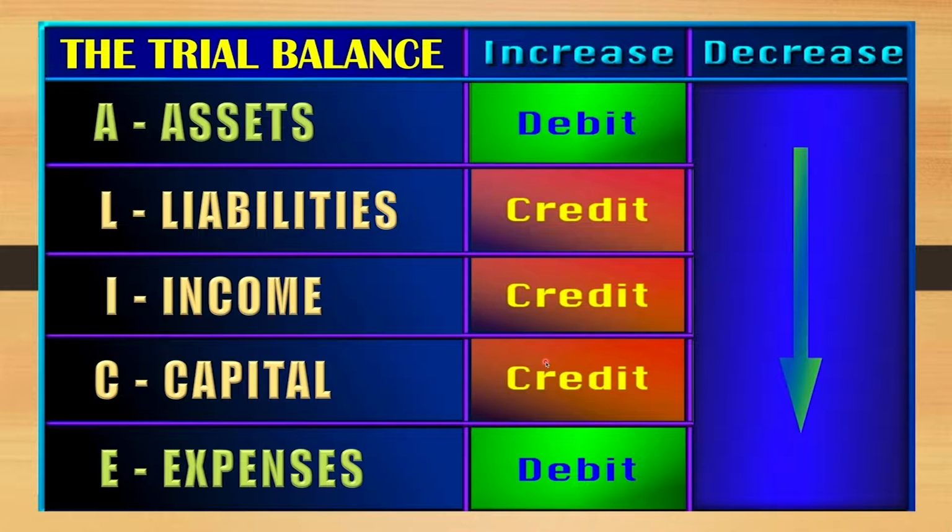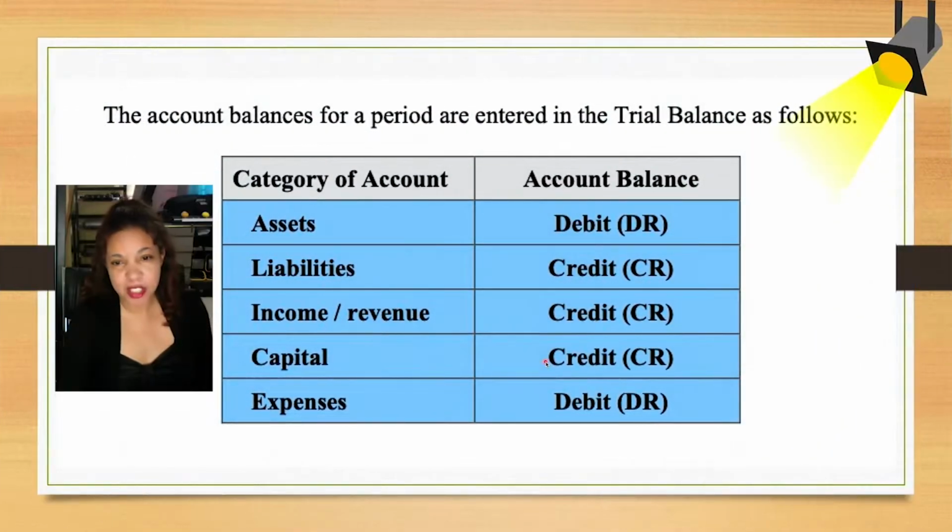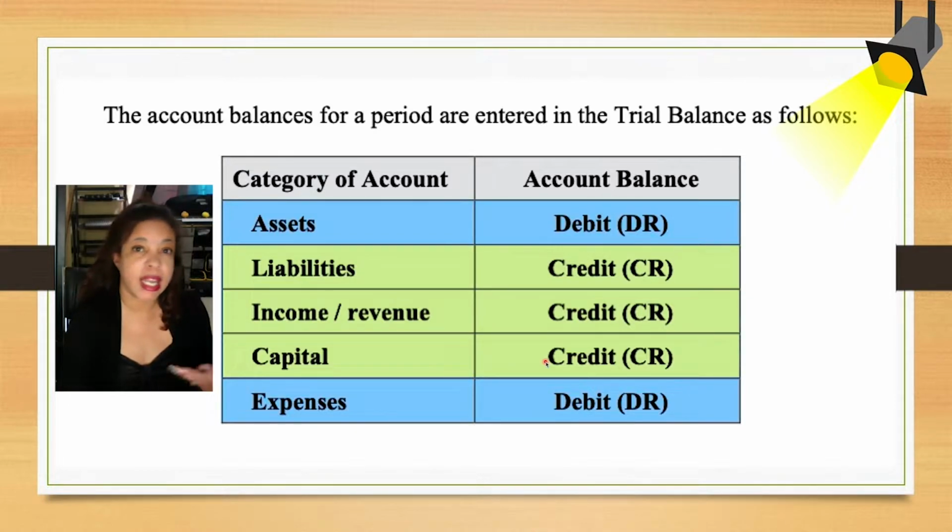So you would see the rules here, because in an exam, they're not necessarily going to show you the ledger accounts. So you're not going to see the side that the balance brought down is on to know which column you're going to put it in when you prepare the trial balance. Same thing for your nominal accounts. You're not going to see the actual ledger account to know the amount you're transferring to your trial balance.